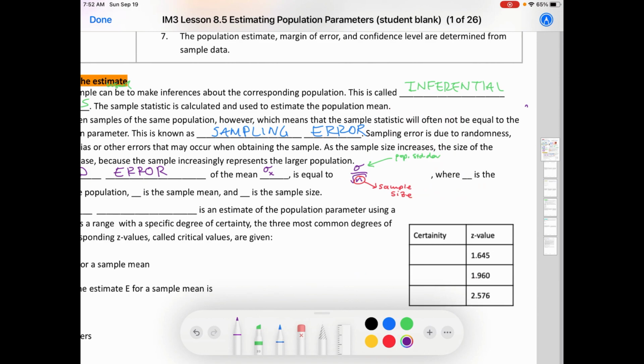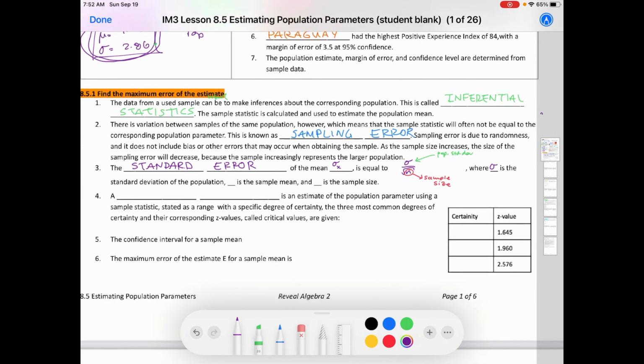So we said that sigma is the standard deviation, x bar is the sample mean, and the sample size is n.